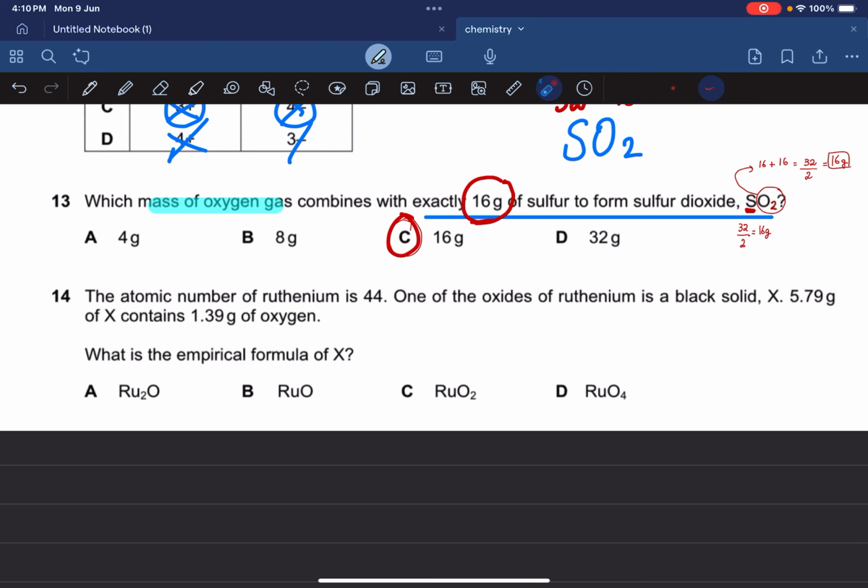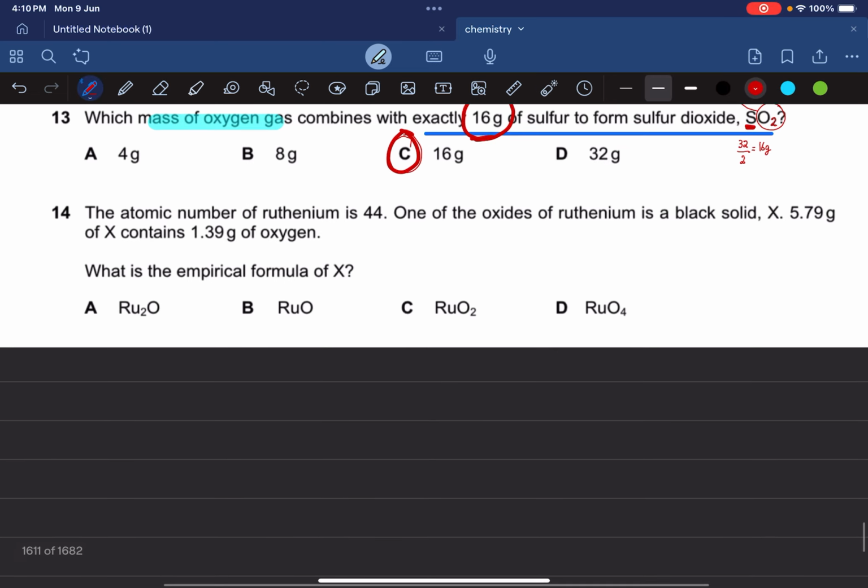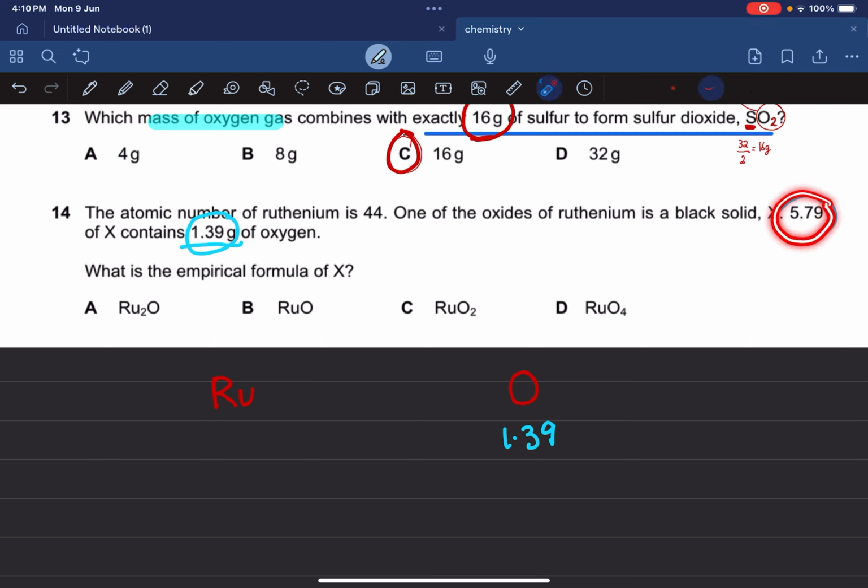Okay, leave everything, don't be confused by the question. It's simple. You have an element, ruthenium, Ru, and you have oxygen. Now you have to figure out the empirical formula. First, you have to write the masses that you have. 1.39 is oxygen, and 5.79 was the mass of the entire thing, and out of that 1.39 is oxygen.